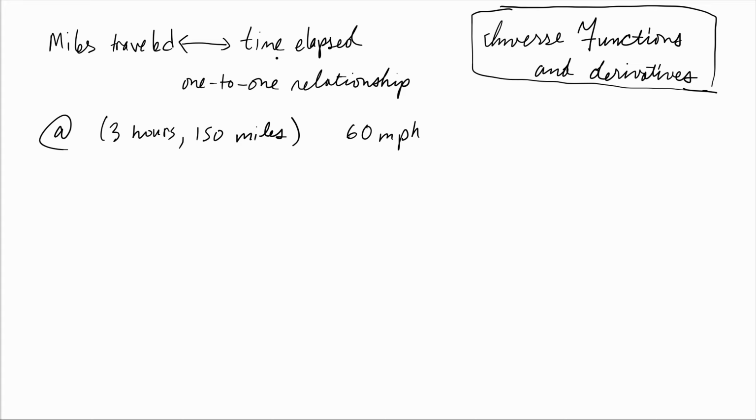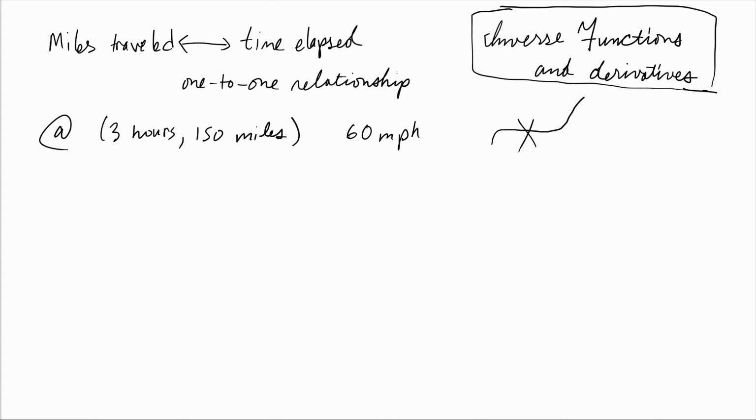Now it's going to be one-to-one as long as you're always moving. It's true. If you stop moving, then I guess it won't be a one-to-one relationship, because then you'll be like this, flattening out, right? You don't want that.